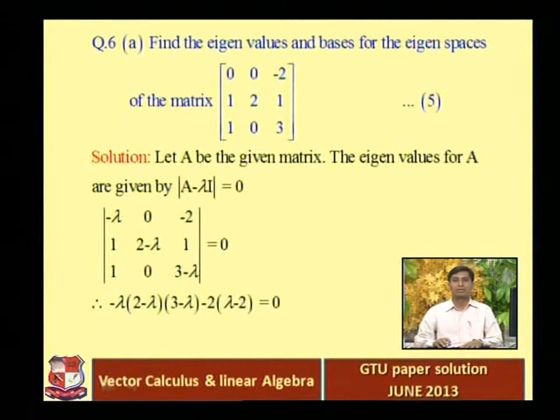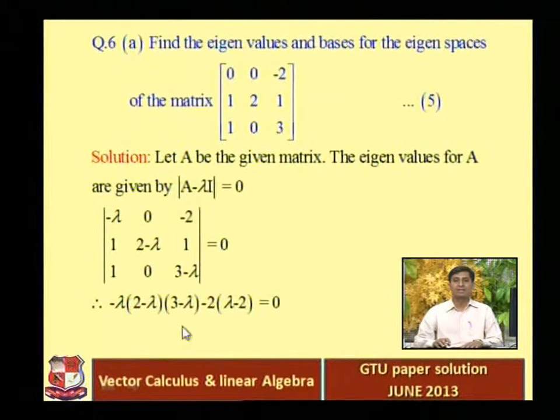When we solve this, I hope you know how to solve the determinant. So minus lambda into 2 minus lambda into 3 minus lambda, then this entry is 0 so that will be cancelled out, and then minus 2 into (1 into 0 minus (2 minus lambda) into 1), so that will become lambda minus 2, that is equal to 0.